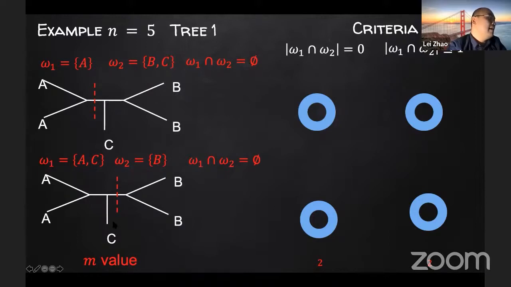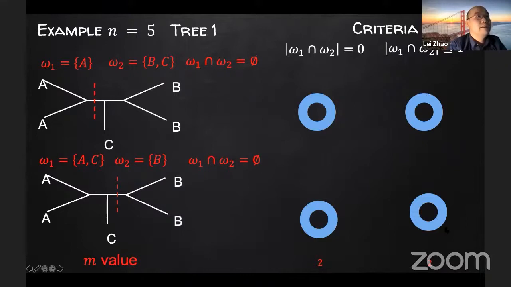And if we cut at this branch and calculate the intersection of the two sides, it will also be an empty set. So that means we introduced two criteria. For the division in this part, the intersection is basically zero, which means in this criterion, this branch passes and this branch passes. That means there will be two branches in total that pass this criterion.